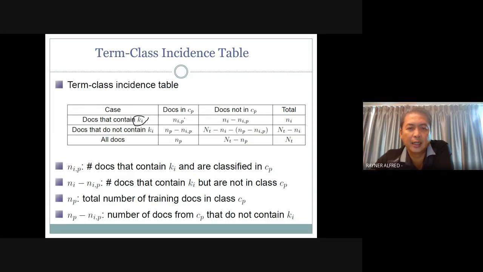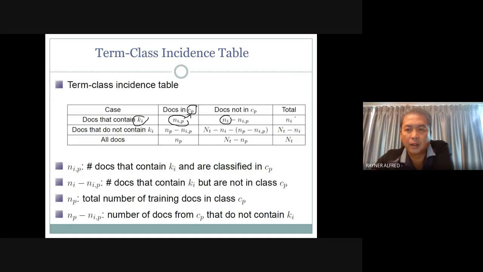This is the documents in this class, and this is the number that we have. Okay, the number of documents that belong to this keyword I and belong to class P. And this is the documents that are not in the class P, so we just subtract. So this one is the initial one.